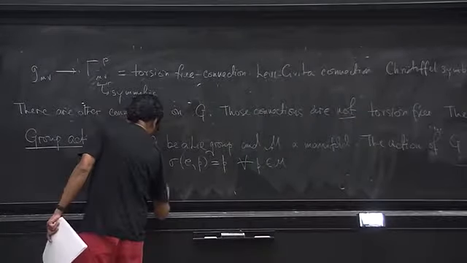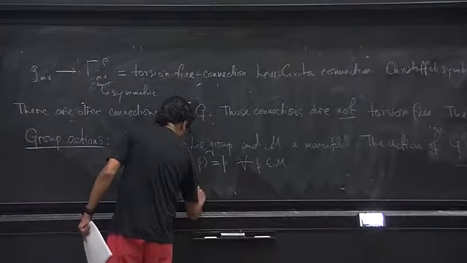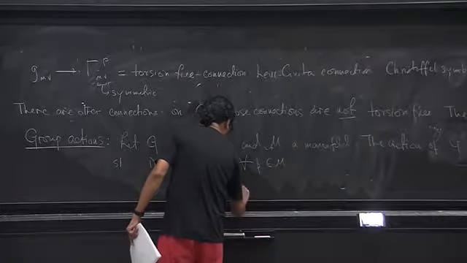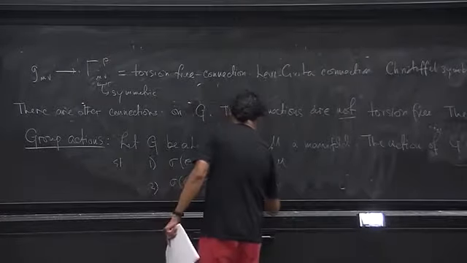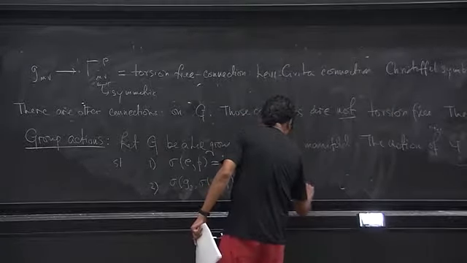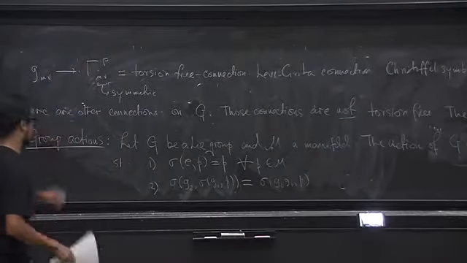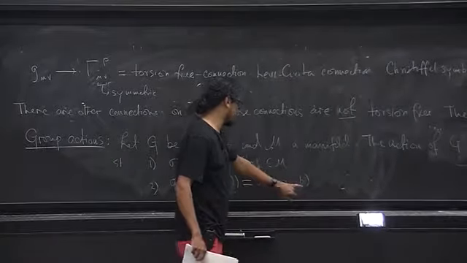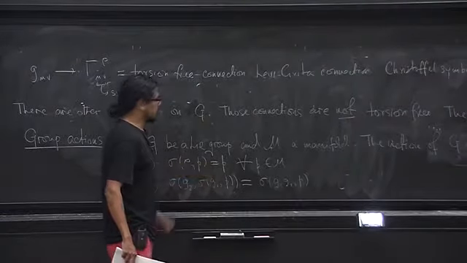and that the group multiplication law is implemented in this way: if you apply G2, G1 on P, it is the same thing as applying G1 first, and then applying G2 on the result of that.